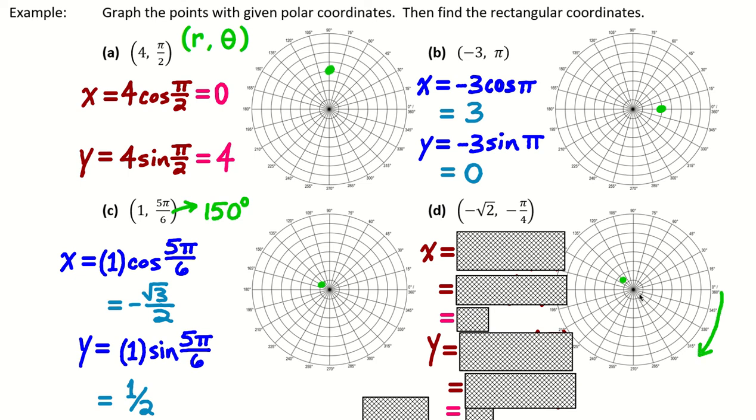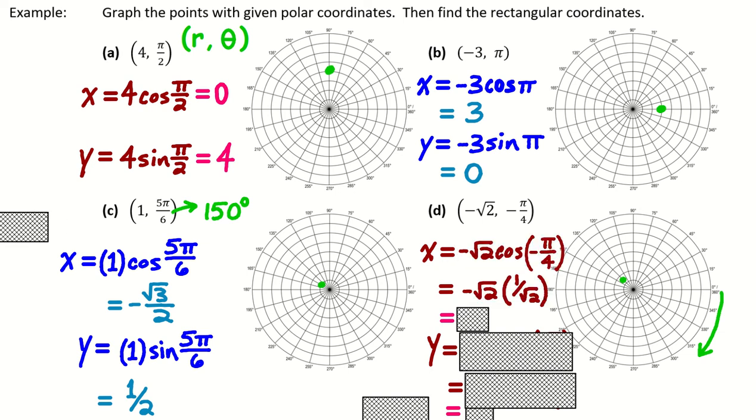Positive 315 is coterminal. Remember that word? It's basically the same. Positive 315 is the same as negative 45. But then once you're here, it's a negative radius, so you've got to go to here.